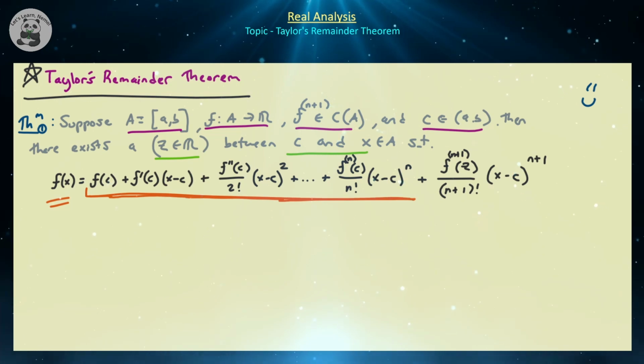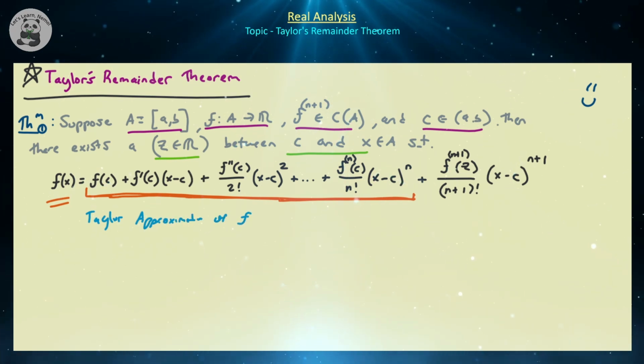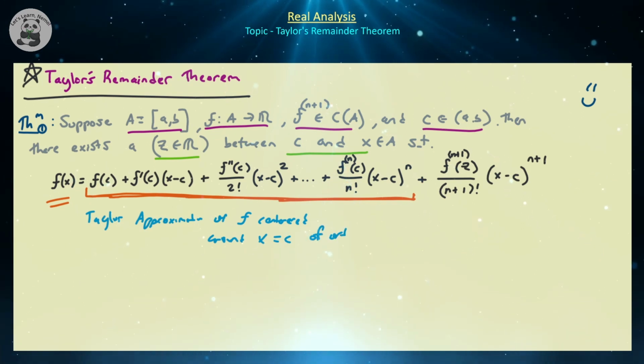This quantity here is sometimes referred to as the Taylor approximation of f centered around x equals c of order n, the highest exponent in this expansion.